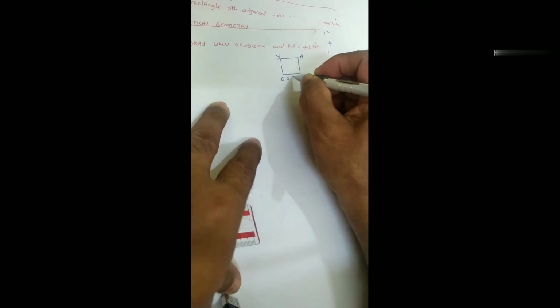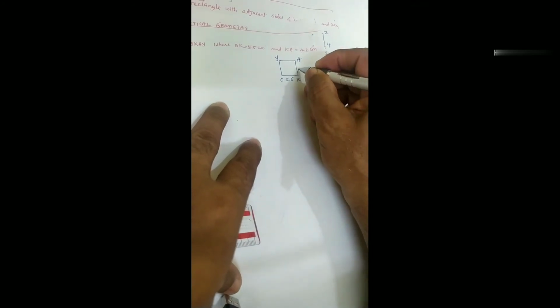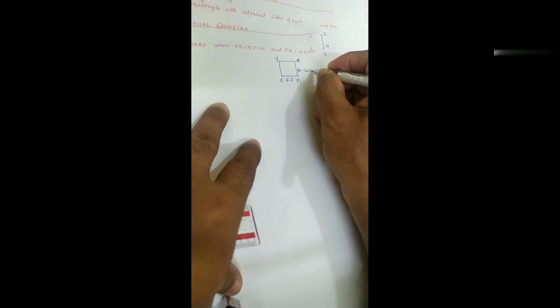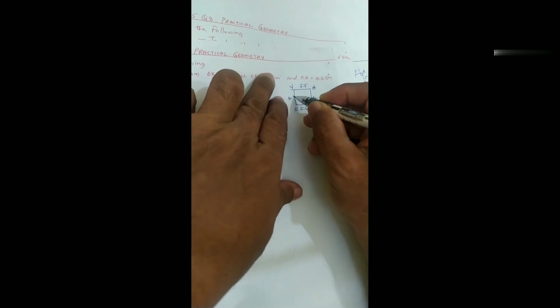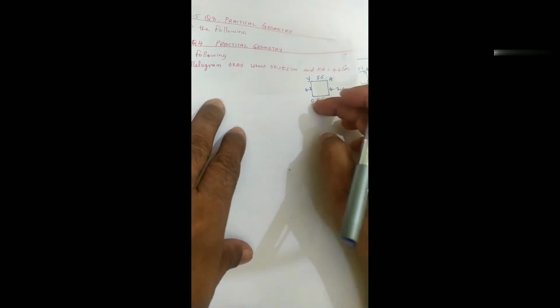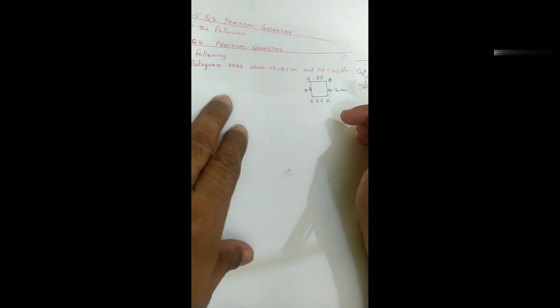OK is 5.5 centimeters, KA is 4.2 centimeters. So this is the thing required. So parallelogram means opposite sides are equal and opposite angles are equal. Diagonals bisect each other. So we will take opposite sides equal. This is 5.5 and this is 4.2.